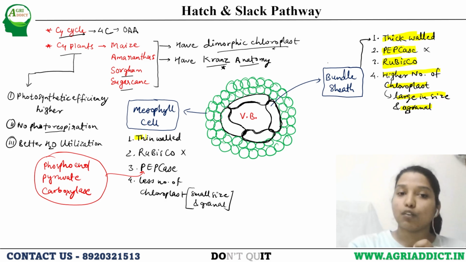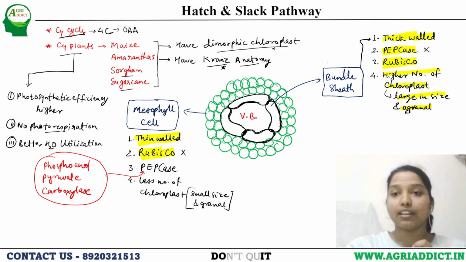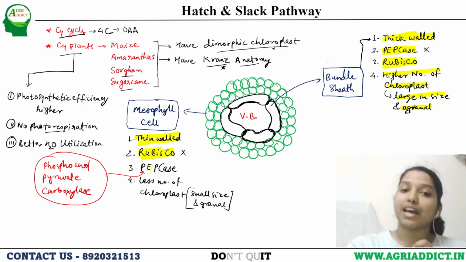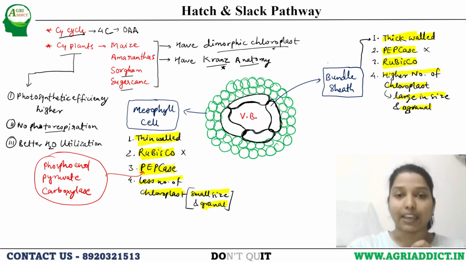These cells are thin walled and lack Rubisco. In the bundle sheath we studied that they have Rubisco but not PEPcase. But in mesophyll cells, they have PEPcase but not Rubisco. Here they have fewer chloroplasts, and the chloroplast present is small in size and granal, meaning they have grana in them.